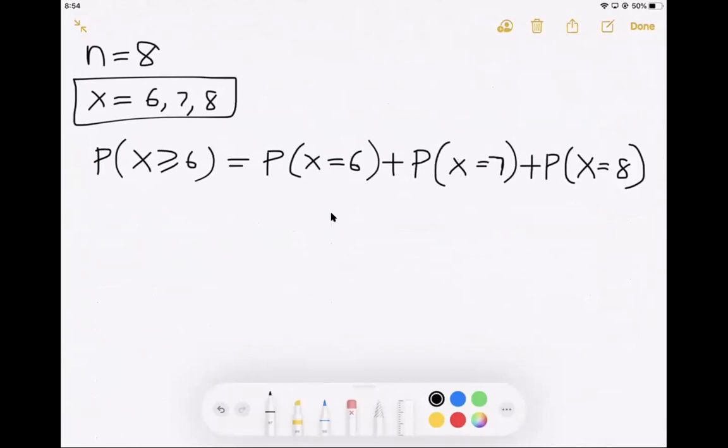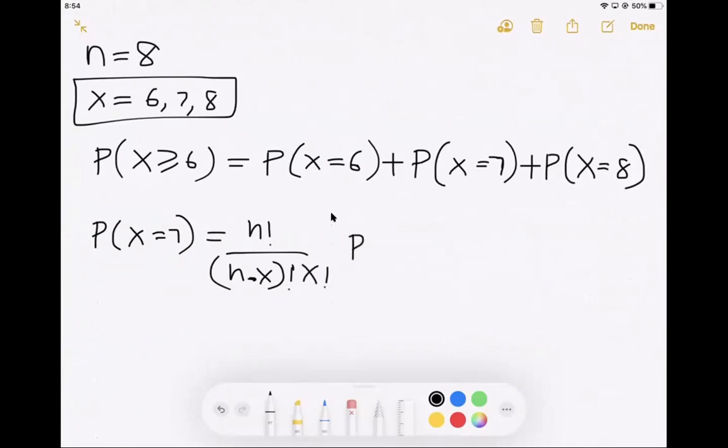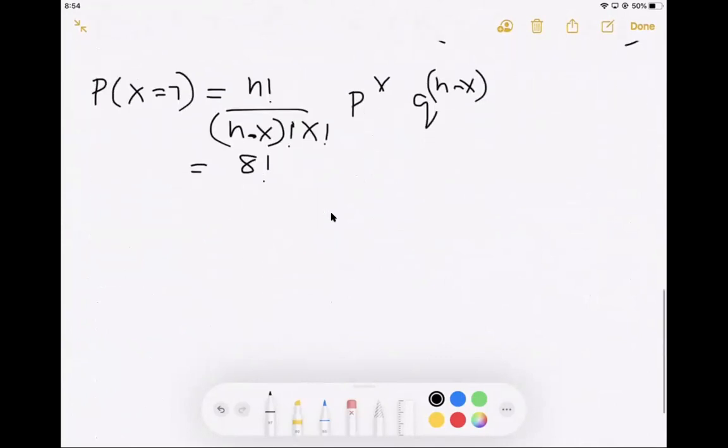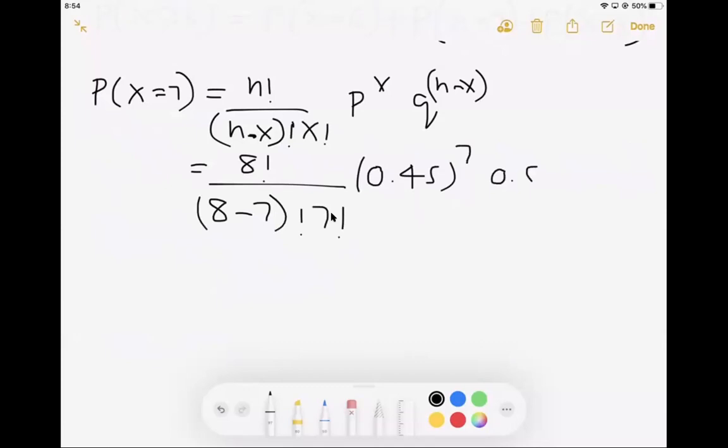Now I will do that. First you have to find x equal to 7. How can we find it? Use the formula again: n factorial over x factorial times n minus x factorial, times p to the x, q to the n minus x. What is n? 8 factorial. 8 minus, now x is 7. p and q are the same. 8 minus 7.